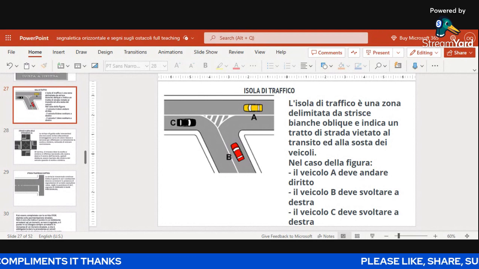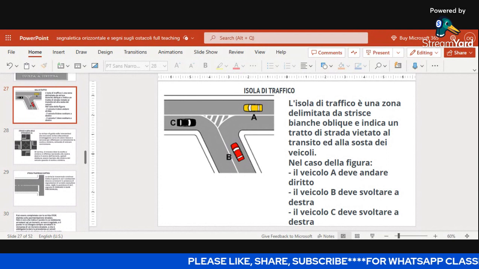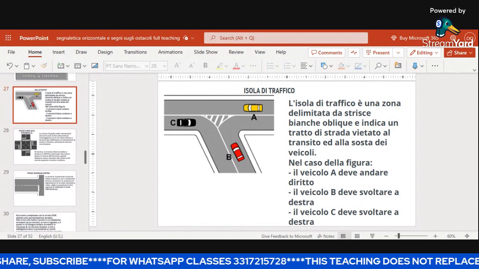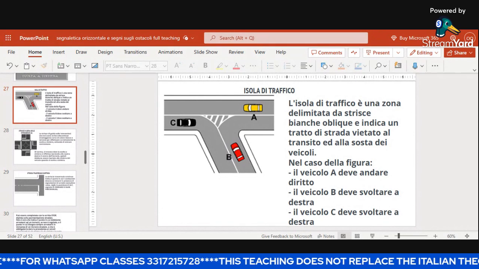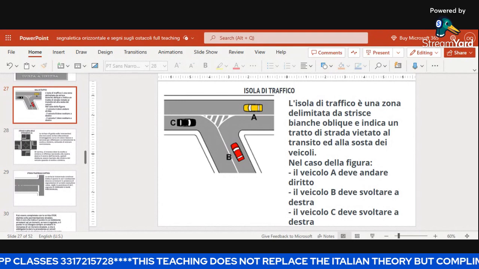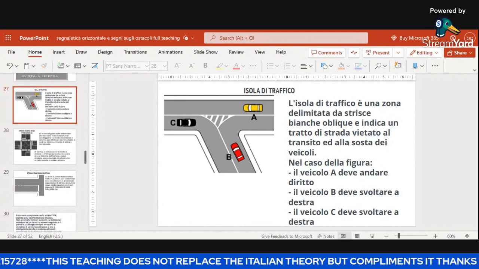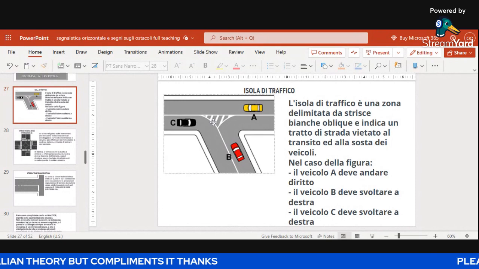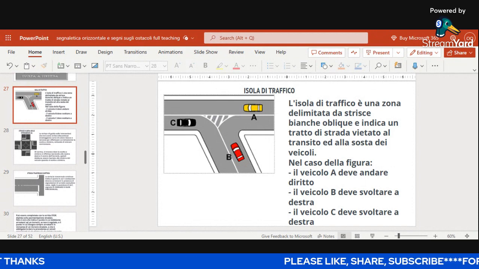It is an area bordered by oblique white stripes, and it indicates a stretch of road where it is forbidden to transit or to park your vehicle. It is forbidden. Now, in the previous video it was discontinua. This time it is a continuous line, and unlike the first one, which allows you to transit on it, this one does not.